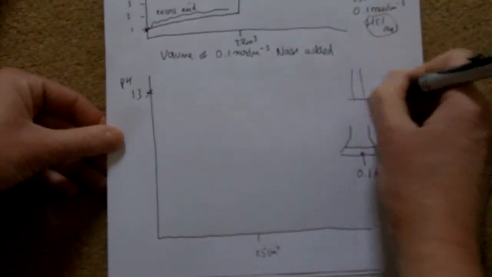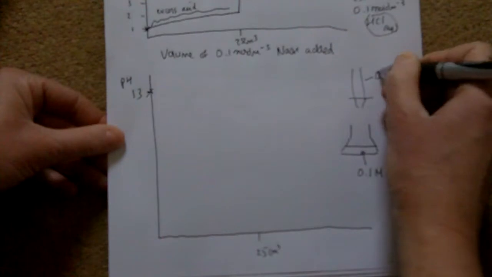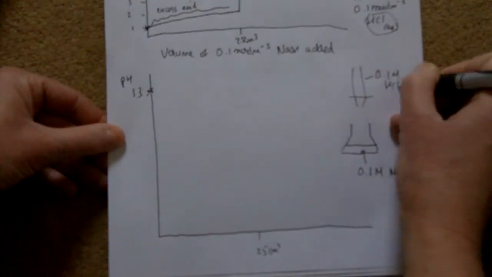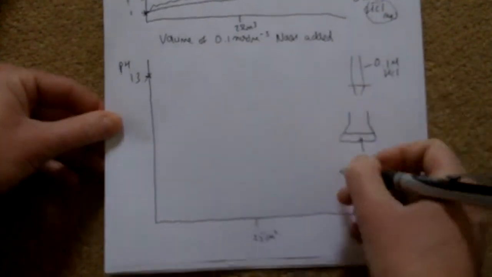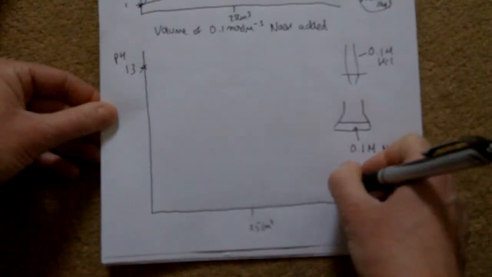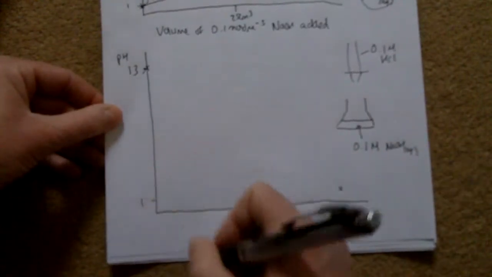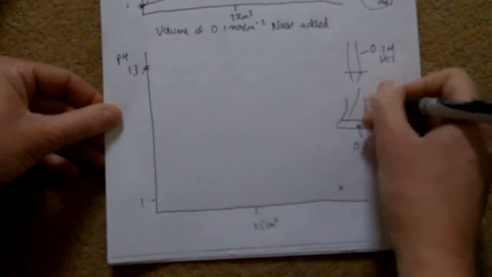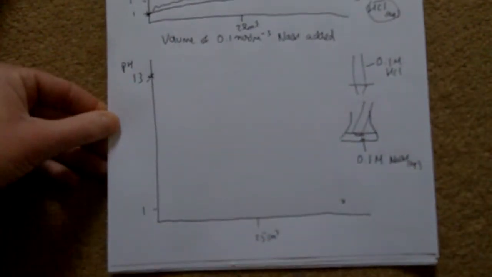If you had the acid in your burette, then it would end somewhere down at pH 1, and you had your pH meter in, then the titration curve would be the other way around.